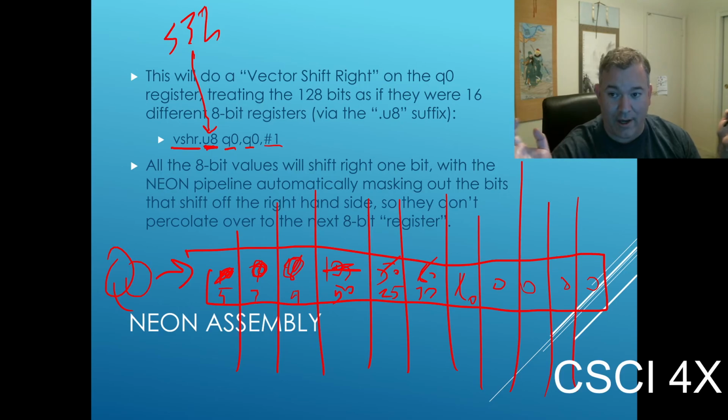You have one giant register, but it's actually a bunch of smaller registers, kind of, sort of. And so that suffix there, this number here, means how the register is being split up.